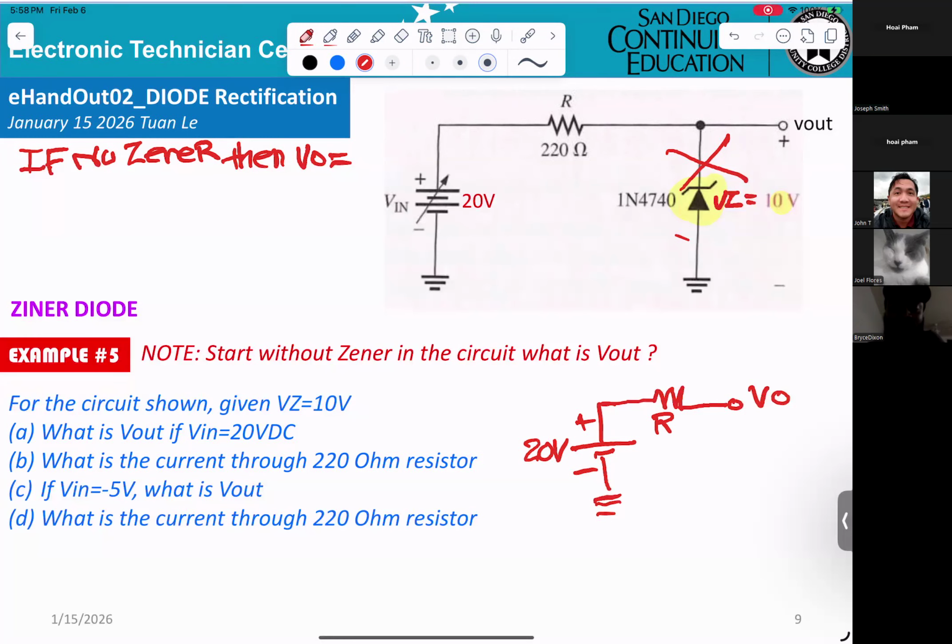My question is, you get the 20 volt here, resistor R here and open here, V out. What does V out equal? 19.8 volts? How come you come up with something?